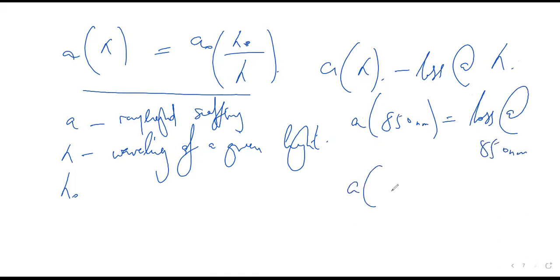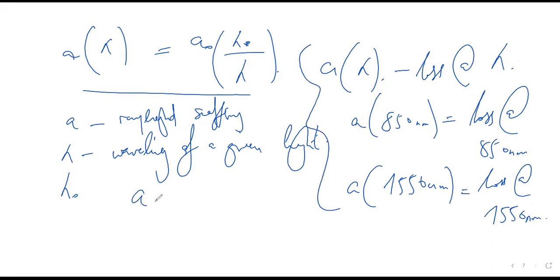We have A at 1550 nanometers, this is the loss at 1550 nanometers. What is A0 and what is lambda 0? You need to define this.